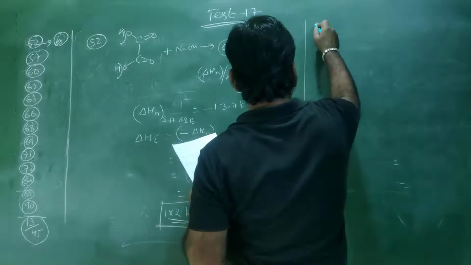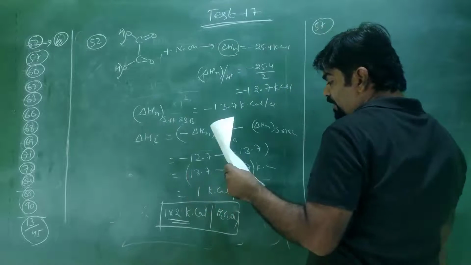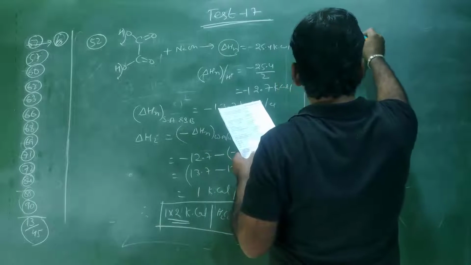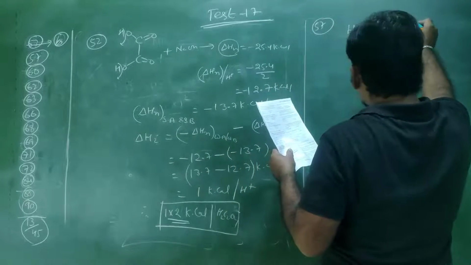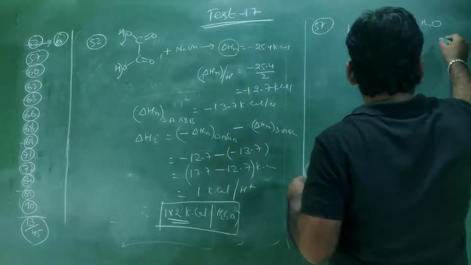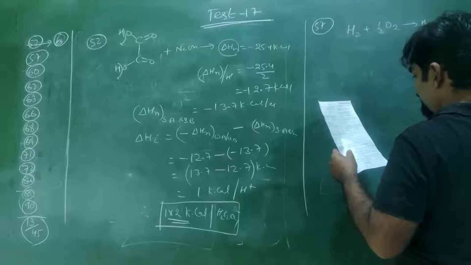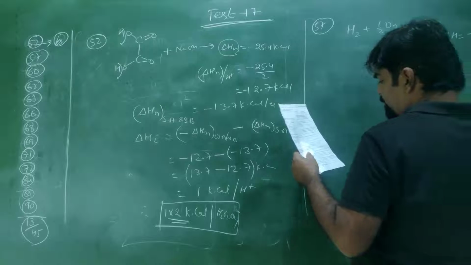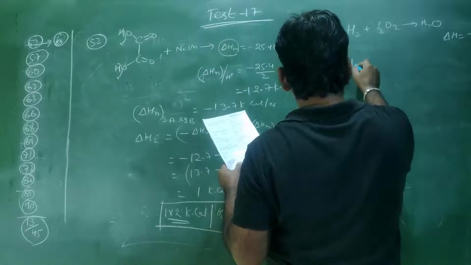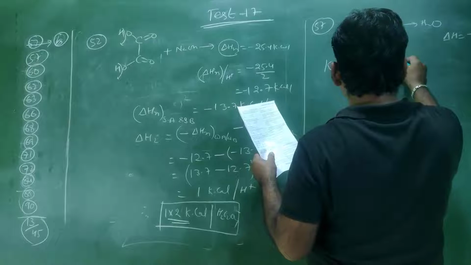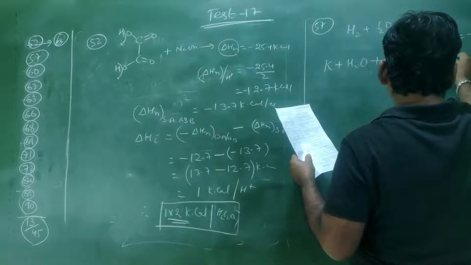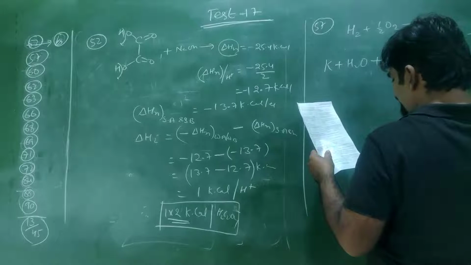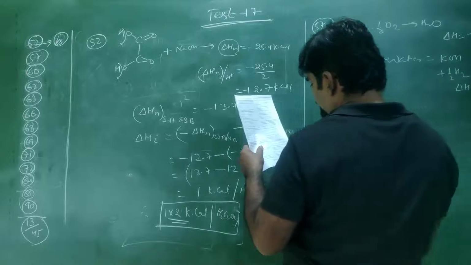Question number 57. If H2 plus half O2 gives rise to H2O, delta H value is minus 68.09 kilocalorie. Then K plus H2O gives KOH plus half H2, and delta H value is given as minus 48 kilocalorie.